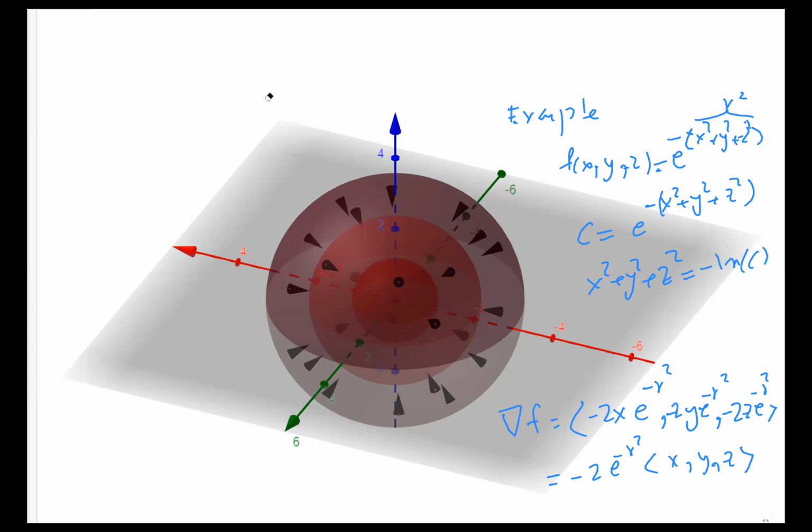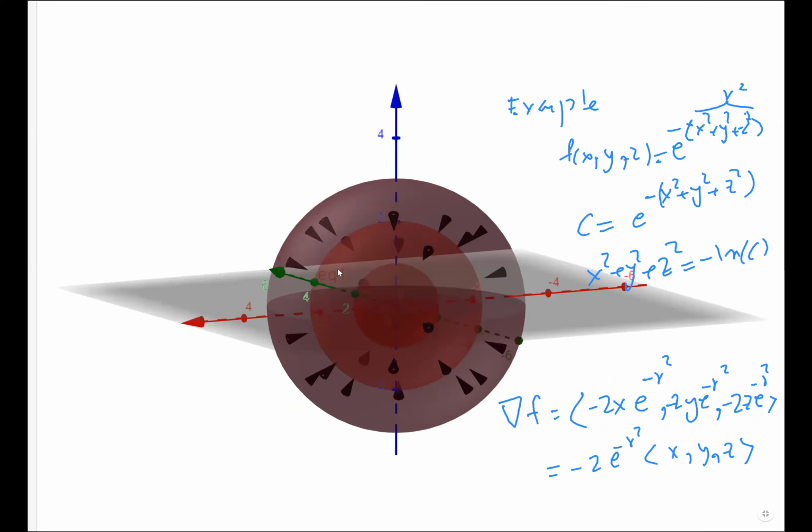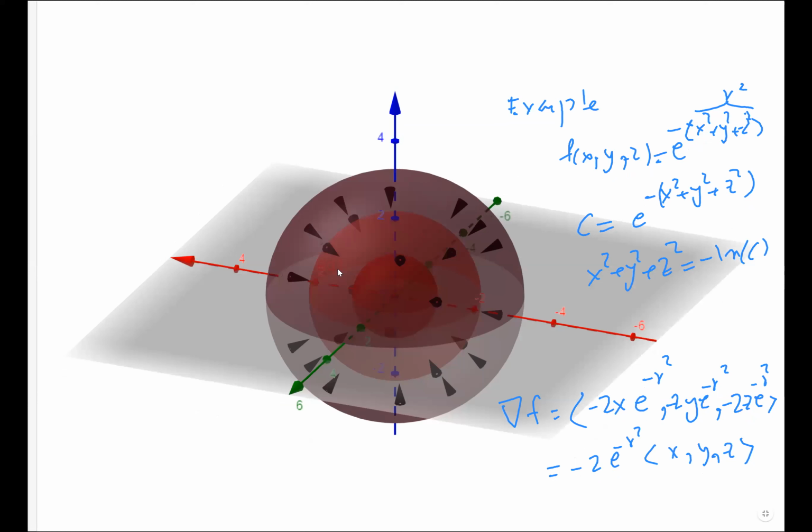So it depends on the function, and even if you have a bunch of spheres for level surfaces, you may have inward or outward, or different lengths of the gradients every time.